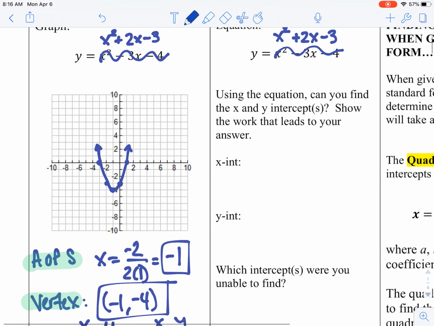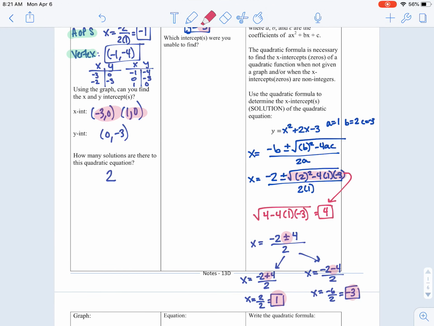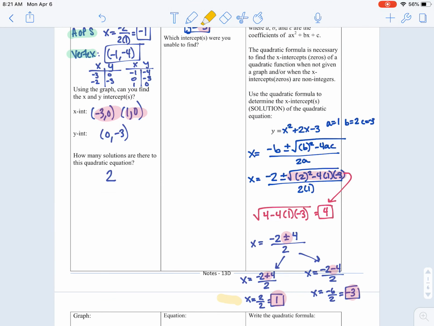So we're able to find our solutions, or our x values, by using the quadratic formula. You can compare these values, and they are the same as what we found from our graph. But we can also find these numbers without graphing, which is the point of the quadratic formula.